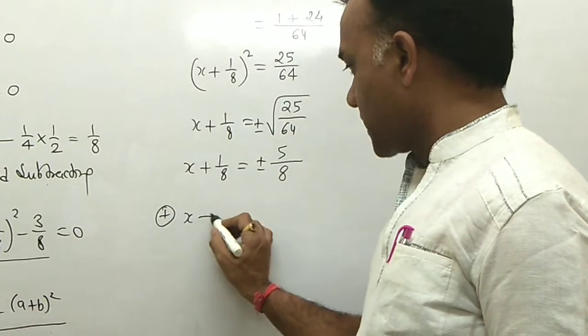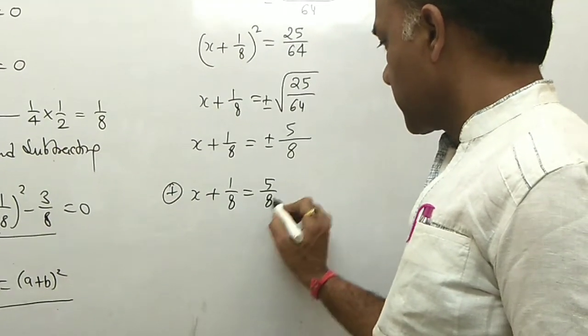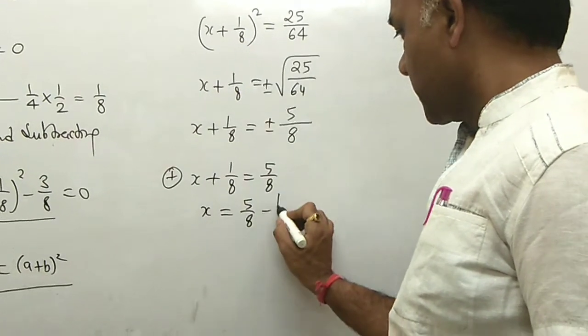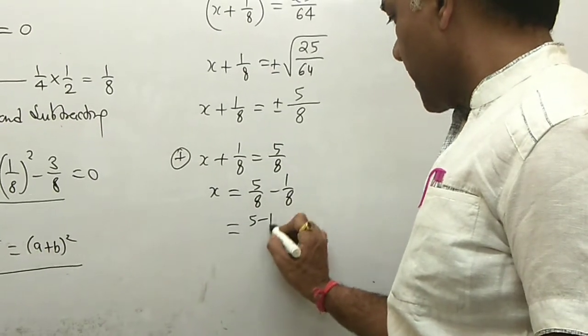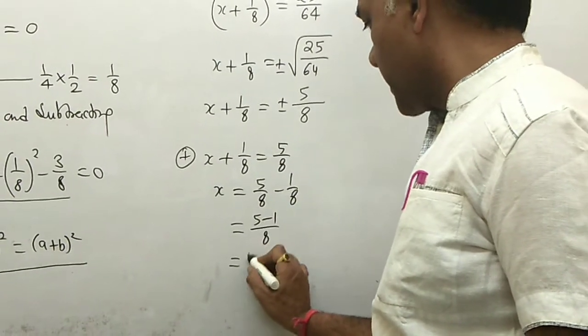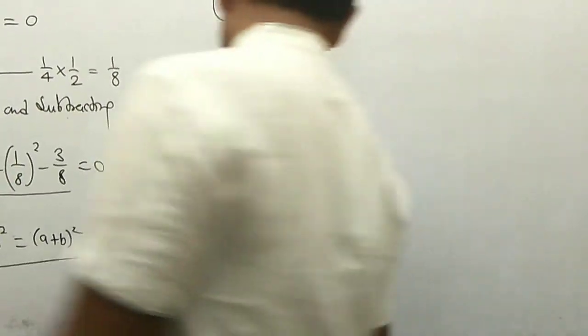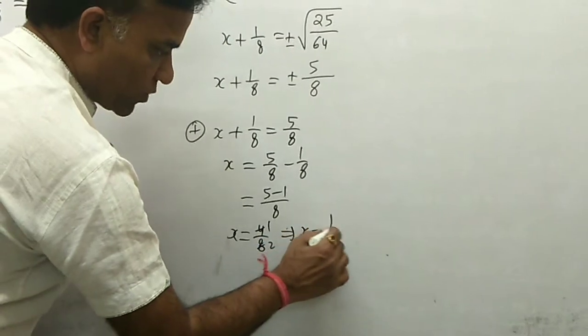So we take x plus 1 by 8 equal to 5 by 8, and then on the right hand side we have 5 by 8 minus 1 by 8, that is 5 minus 1 by 8, which is 4 by 8. So the first value we got is x equal to 1 by 2.